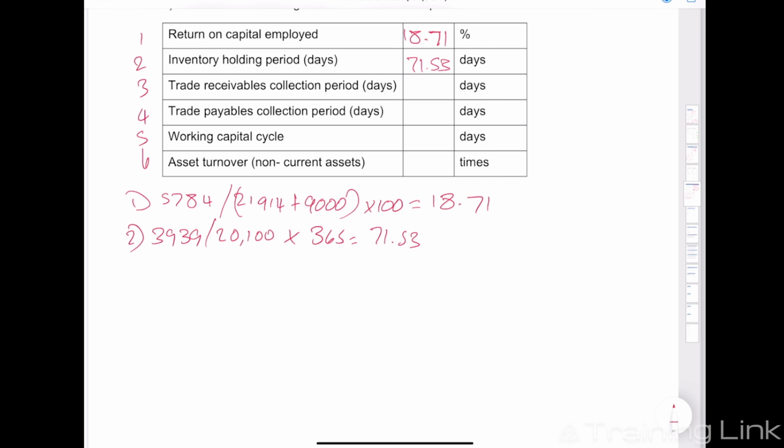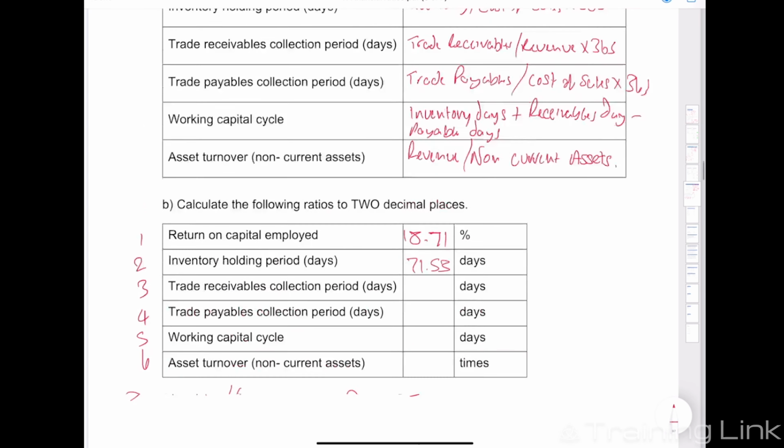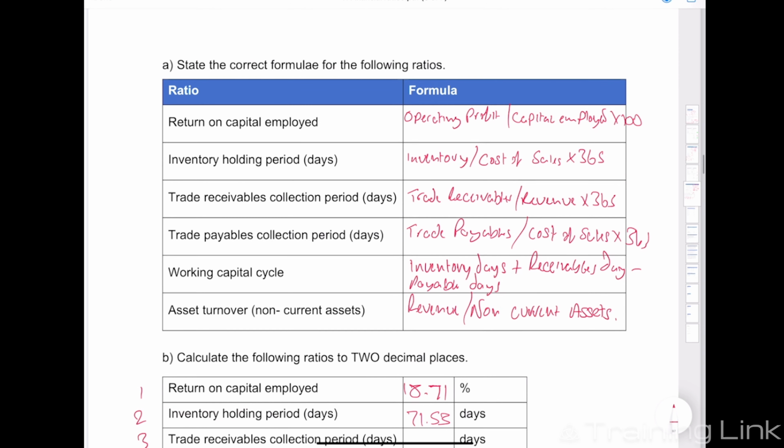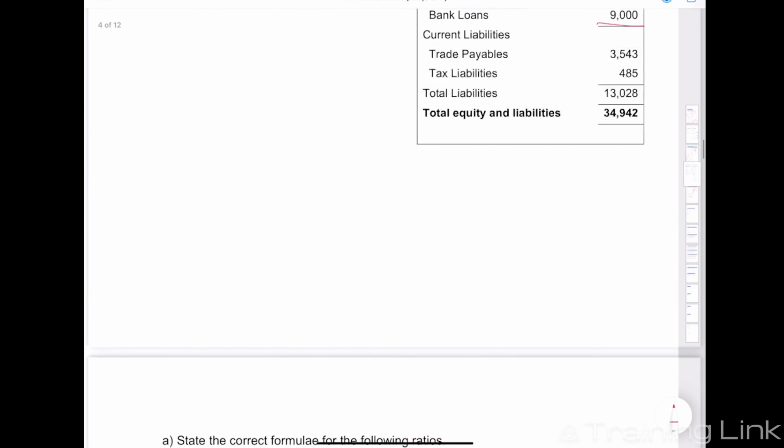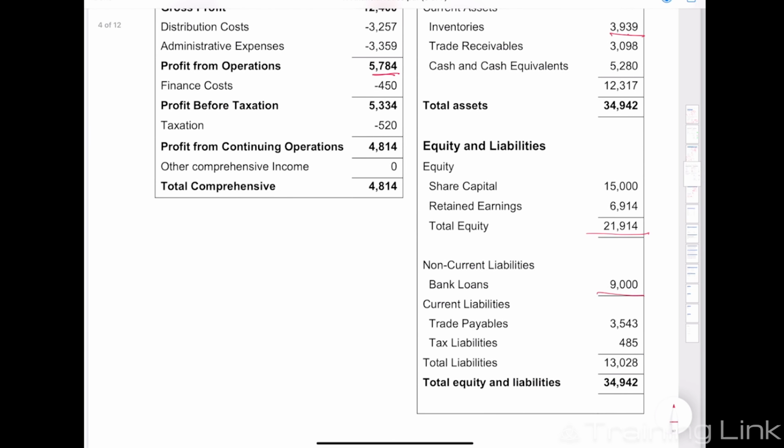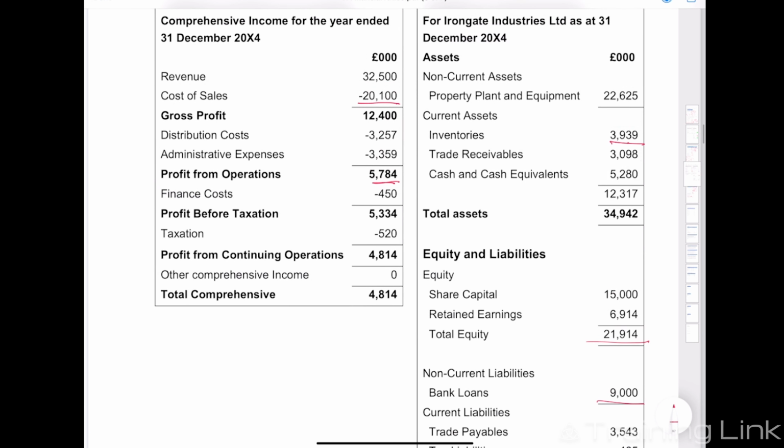Trade receivables collection period then in days again. So scroll up, should be the trade receivables over revenue times 365. So it would be your trade receivables figure over your revenue figure from the P&L.